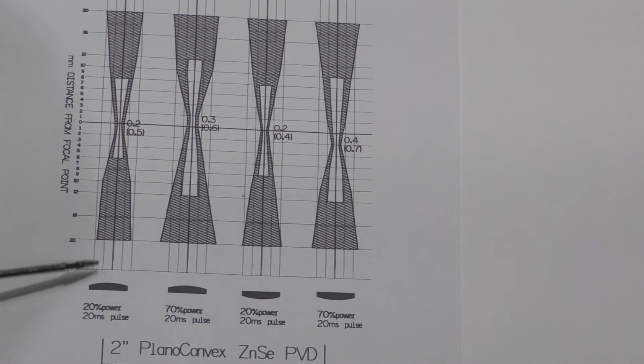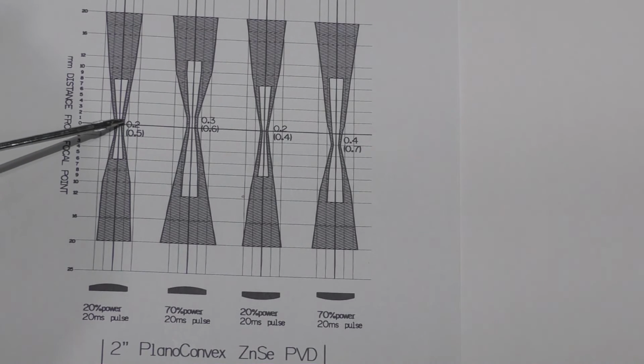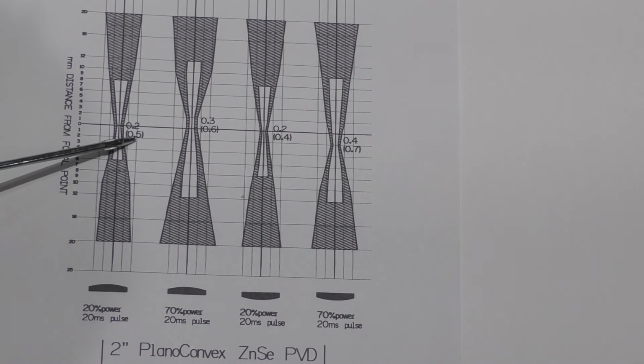Well, with low power, we've got 0.2. That's the hole. That's not the spot size, because around the outside of that 0.2 hole, we have got a scorch which goes out to 0.5.